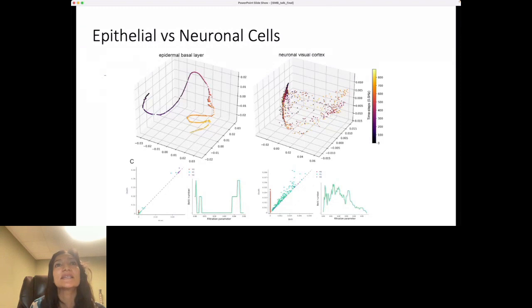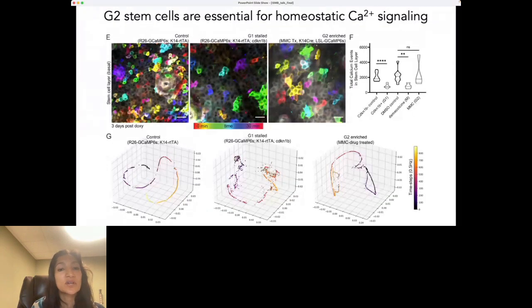What we see is that if you perturb other homeostatic mechanisms like cell cycle, you perturb the smoothness of this space. For example, if you stalled cells in one of the cell cycle phases, G1, you've disturbed the dynamics that they have. It turns out that the G2 cells are the ones that do a lot of this signaling.